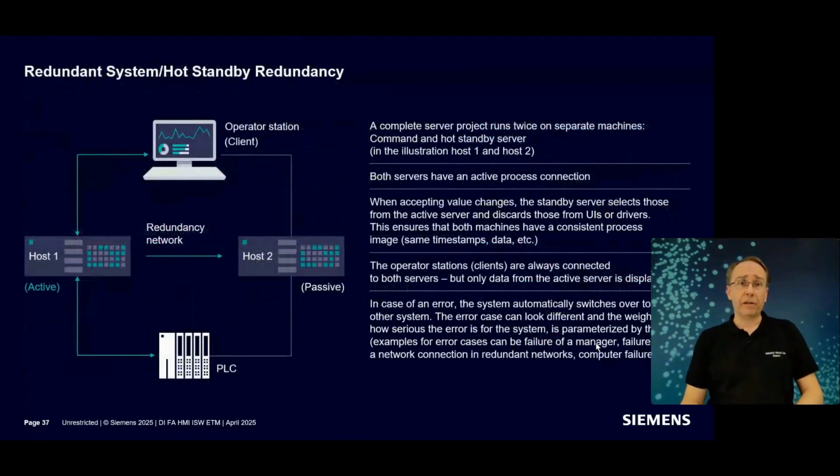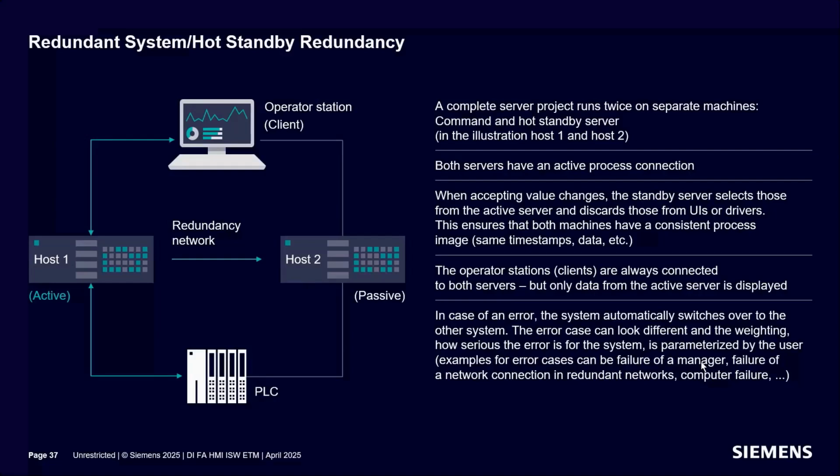when we now speak about critical infrastructure and high availability, what's very important to mention is the hot standby redundancy. The hot standby redundancy in WinCC OA works in the following way. 2 servers are doing exactly the same at the same time. One server is the lead server, the active one, which is then synchronizing the other.